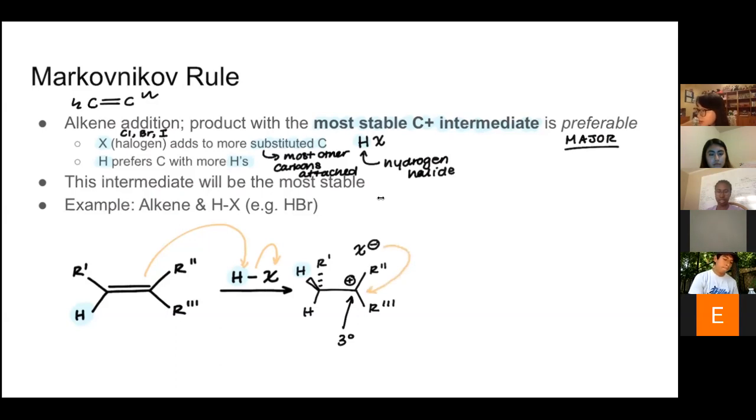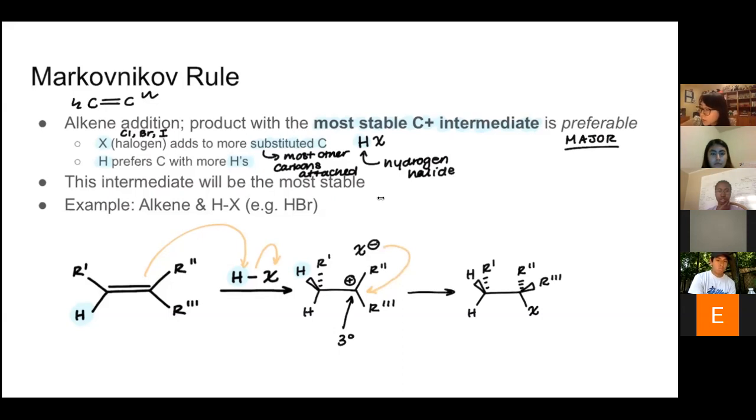So your X is just going to hit it, and it will give you a structure that looks something like that.